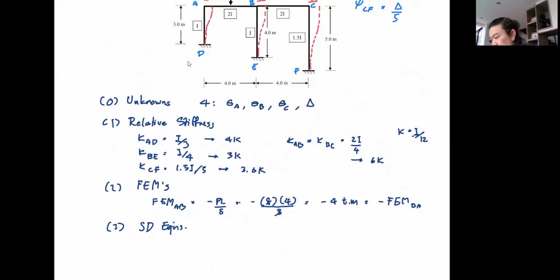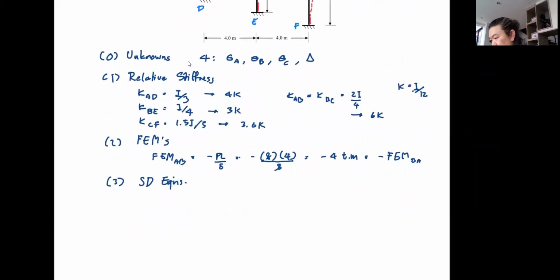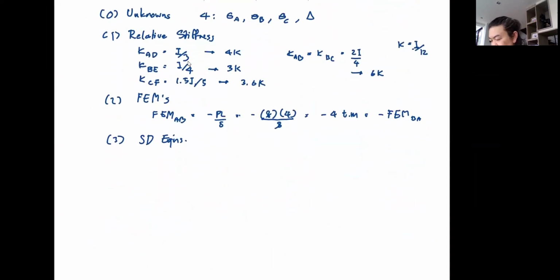That'd be great for you. Okay, now I have to move down so you don't see the frame anymore. If you can see the frame when I write the moment equation, that'd be great. So we have MDA, not AD. You begin with D, MDA, it's 2E, and then 4K, right? It's a relative stiffness.